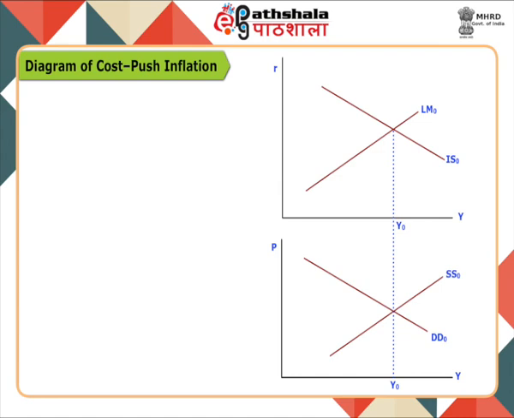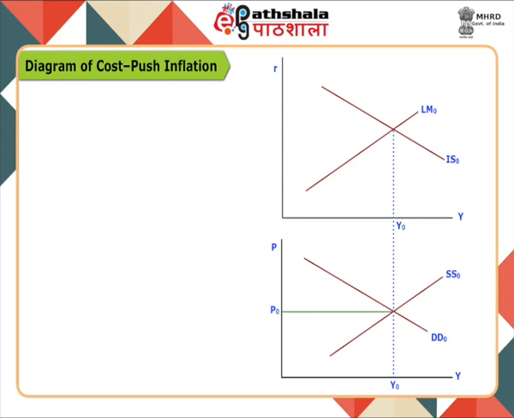This equilibrium is also shown in the lower panel of the diagram, that is at the intersection of aggregate demand curve DD0 and aggregate supply curve SS0, having equilibrium level of output at Y0 with price level P0.